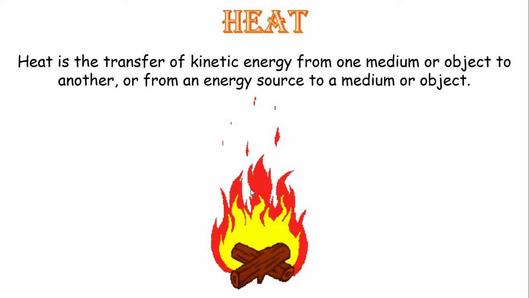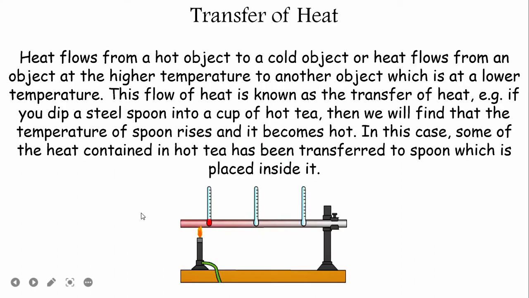Now let's learn about transfer of heat. Heat flows from a hot object to a cold object, or heat flows from an object with a higher temperature to another object at a lower temperature. It means heat every time travels from the higher temperature object.